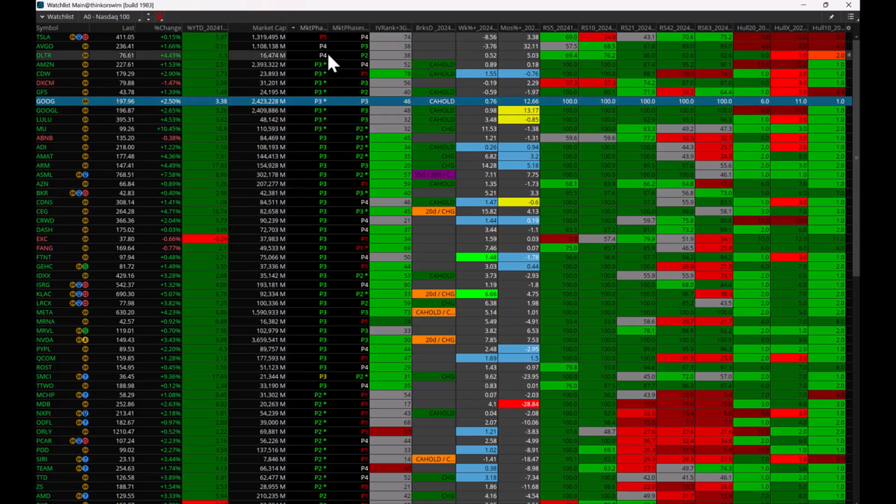That's the first criterion for setting up a strong long stock trade. And if you look over here at relative strength and see that it's in a strong bullish posture as well, so it's strong relative strength for the 5-day, 10-day, 21-day, but primarily 5 and 10, they definitely have to be in the green zone.